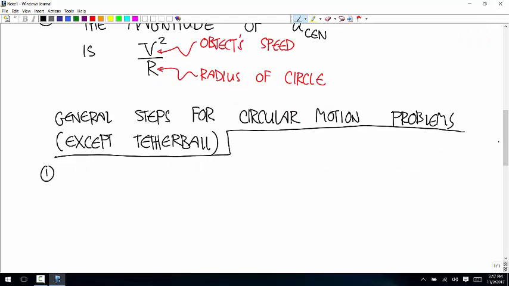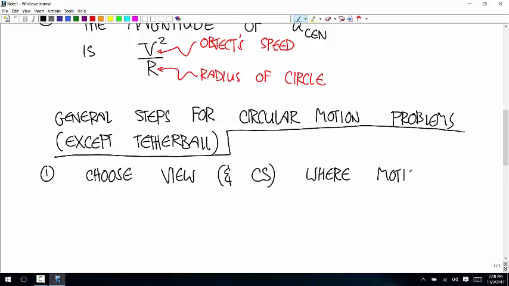So the first thing you have to do is choose where your coordinate system is. Since circular motions can be this way or diagonal or whatever, it's not just a matter of choosing where your coordinate system is on the page. You have to imagine a view of this circular motion that's happening. You want to choose a view and a coordinate system where the motion looks like a circle.